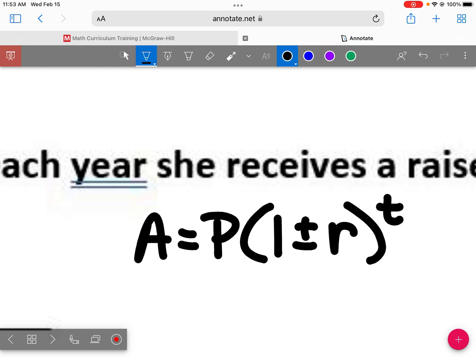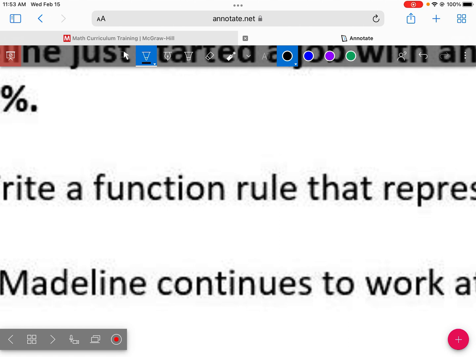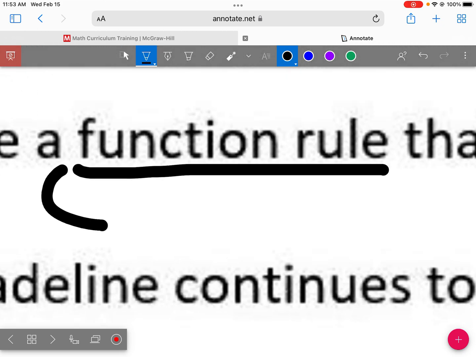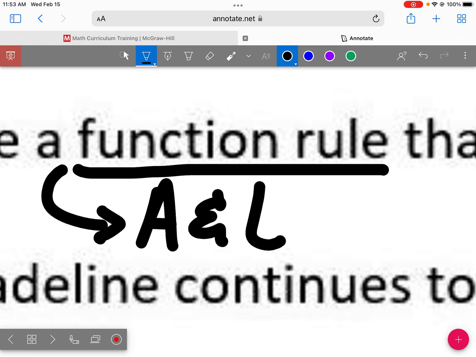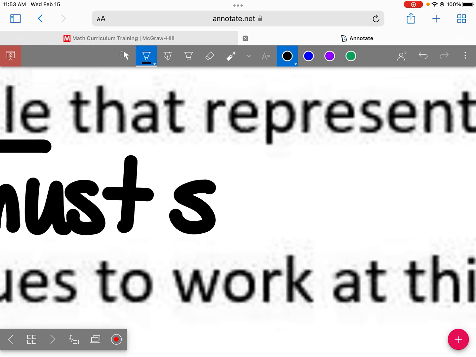What's the first thing they ask me to do? Write a function rule. What do I have to have in order for it to be a function rule? What has to stay letters? A and t must stay letters.